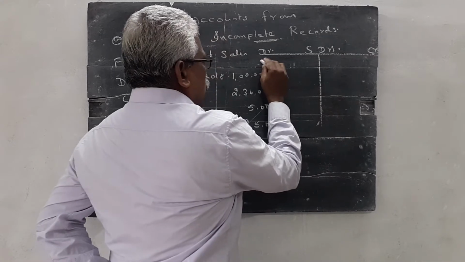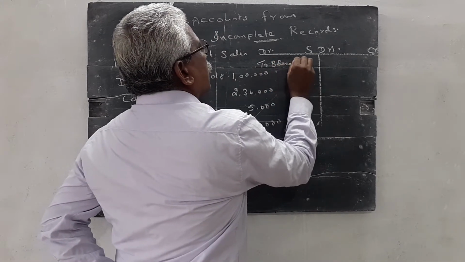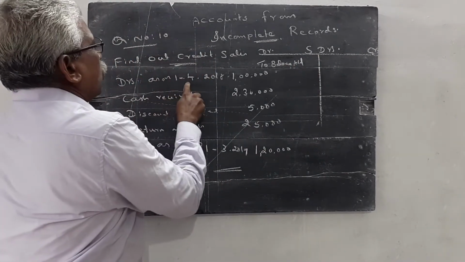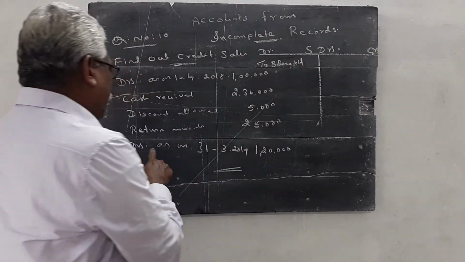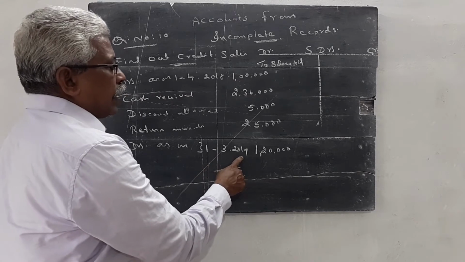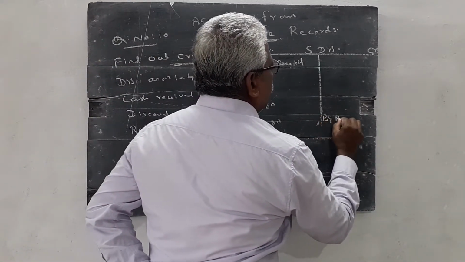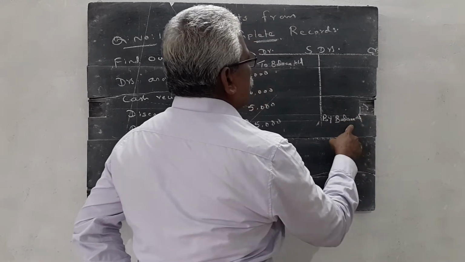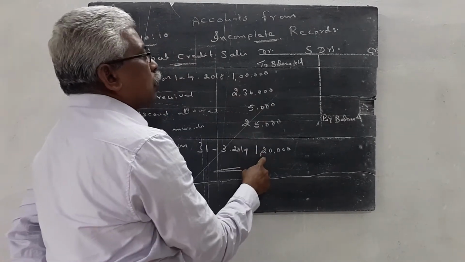So, to balance brought down is the opening balance. Debtors as on 1/4/2018, 1 lakh is entered here. Debtors as on 31st March 2019, this amount is considered as by balance carried down, the closing balance.